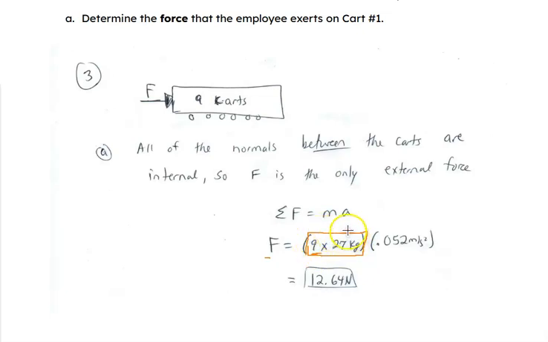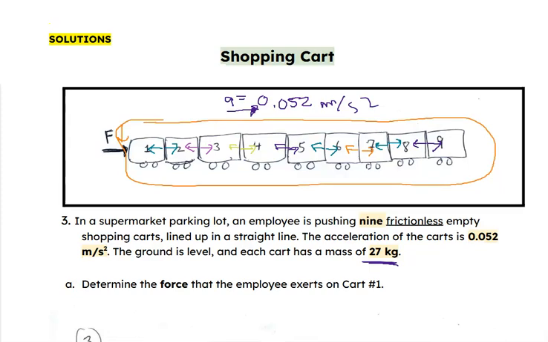Each cart is 27 kilograms, and each cart has an acceleration of 0.052. And that yields a force of 12.64 newtons. So we now know that this force here is 12.64 newtons. That force informed the acceleration. So if the acceleration were bigger, that force would be bigger.